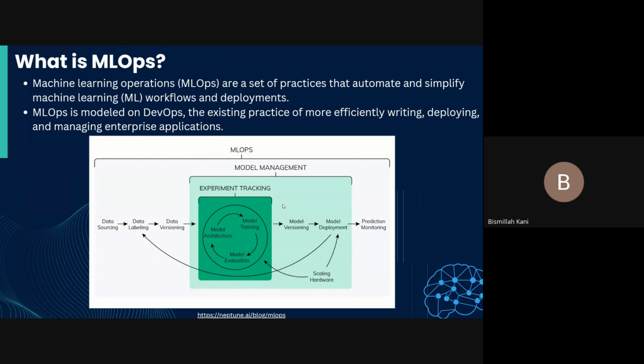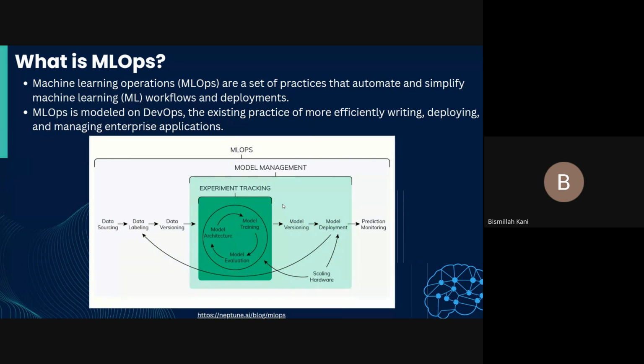Now, software development through DevOps has matured, right? If you look long back, such practices were not there, and it was really very difficult to manage, develop, and deploy these enterprise grade applications.